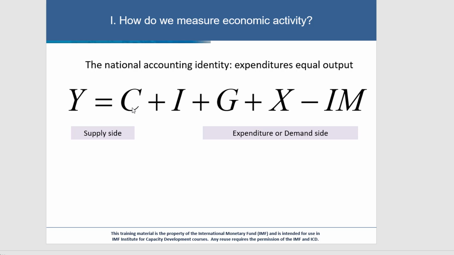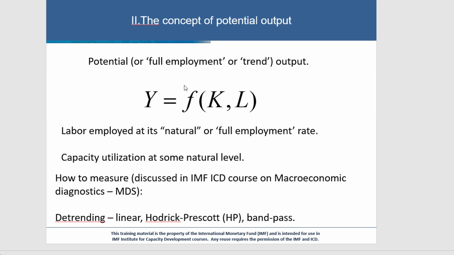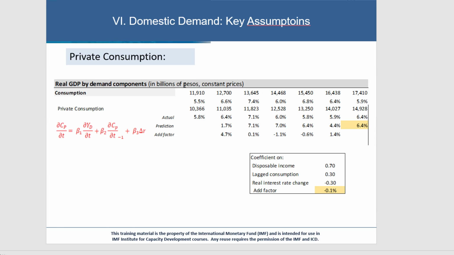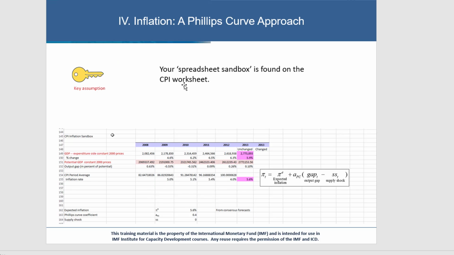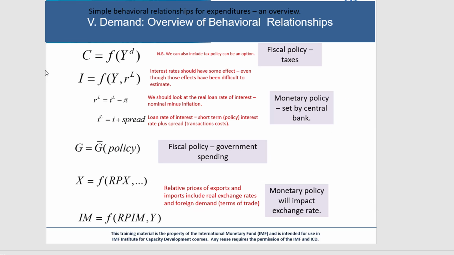If, for example, the sum of expenditures, the consumption, government, exports, net of imports, is less than what we produce in a given period, then we build up inventories, and that is sort of the equalizing account. Now, we'll be discussing this more deeply in the course.